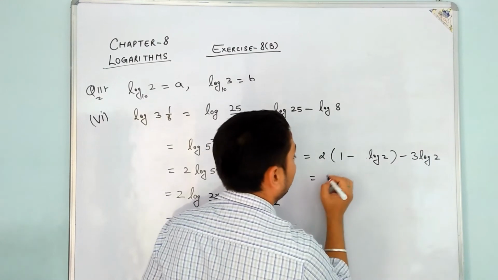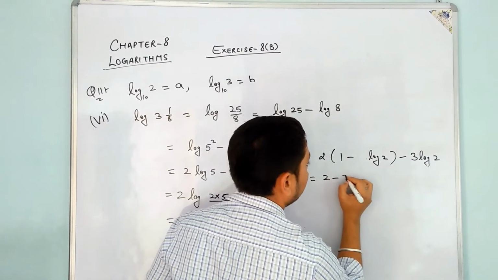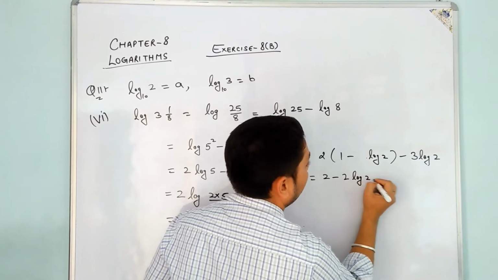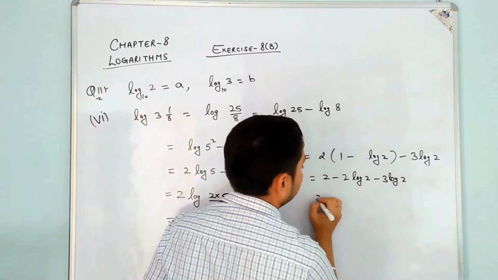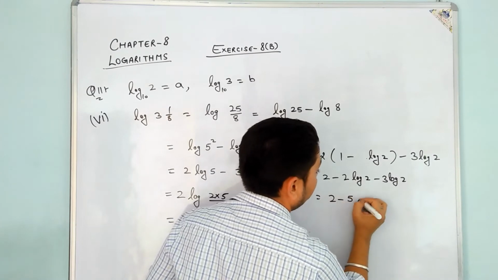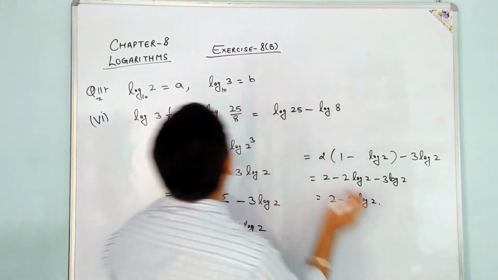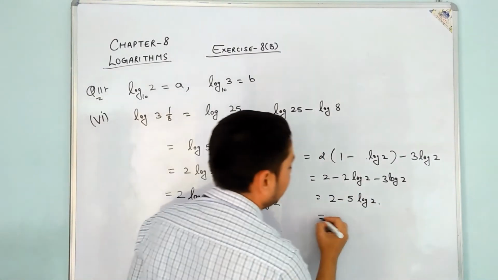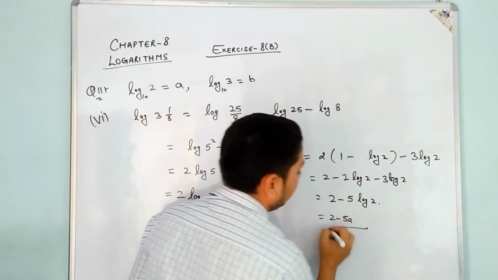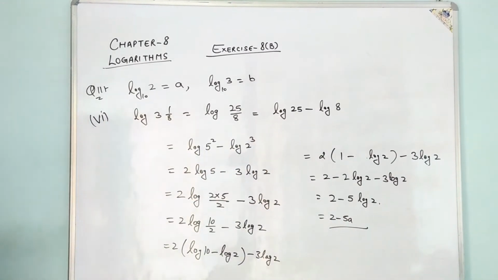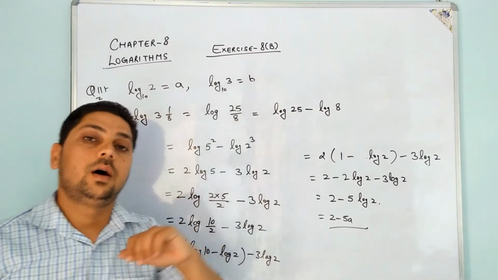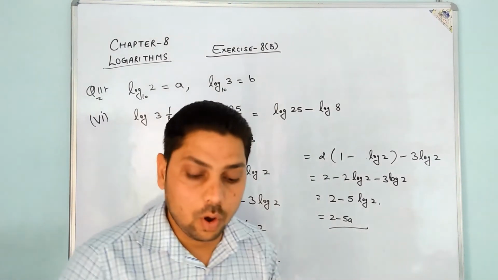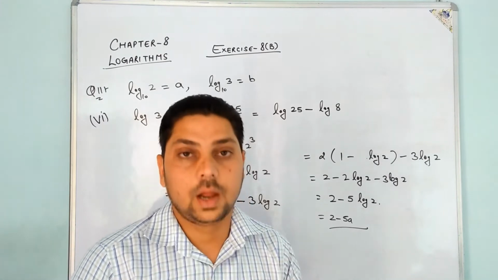This will give you 2 minus 2 log 2 minus 3 log of 2, which is equal to 2 minus 5 log of 2. Log of 2 is equal to a, so that is equal to 2 minus 5a, which is the answer. Just reduce the term into log of 2 and log of 3 and we will have the required answer.